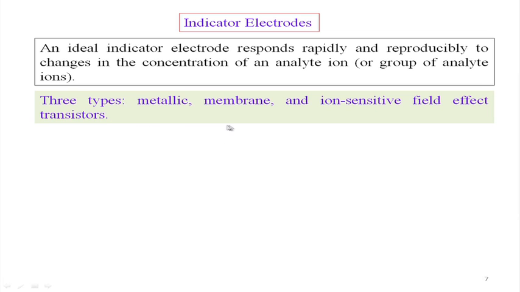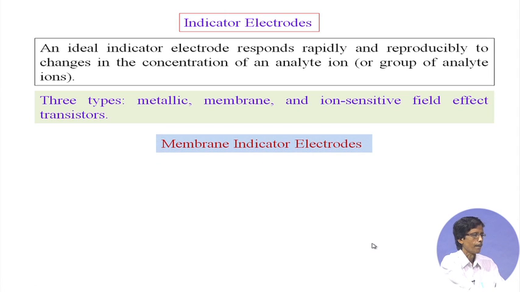So, these field effect transistors can also be used as a typical electrode. We can sense not only a solution, but also you can handle the gases which are passing over the transistors, and the transistors can sense that in terms of its change in electrode potential.